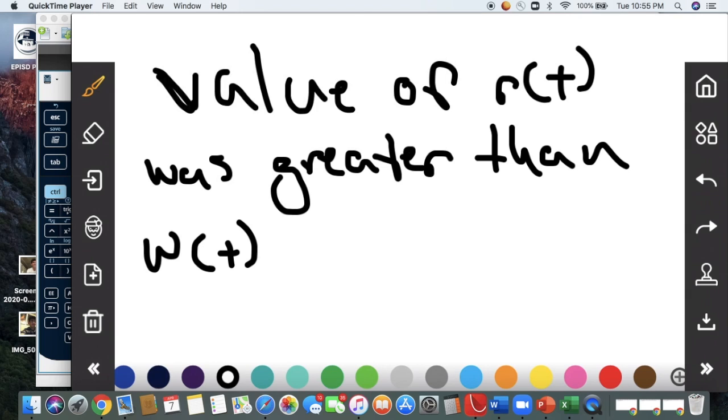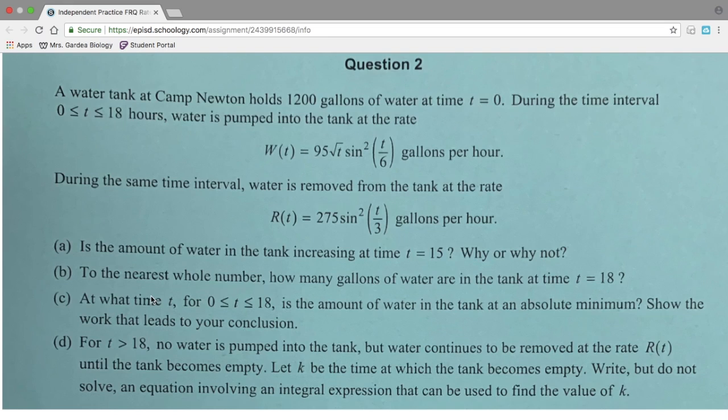Right? So that means you're losing more than you're gaining. And so you're going to have a decreasing level of water. Right? So your next question.